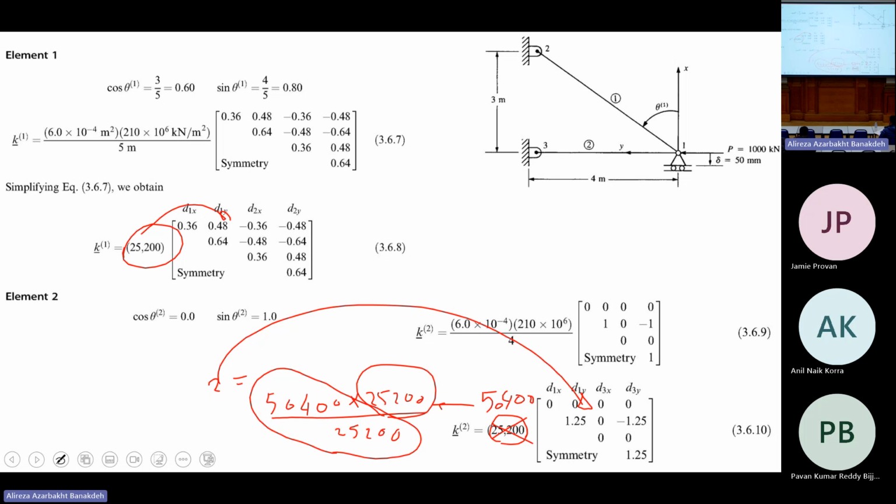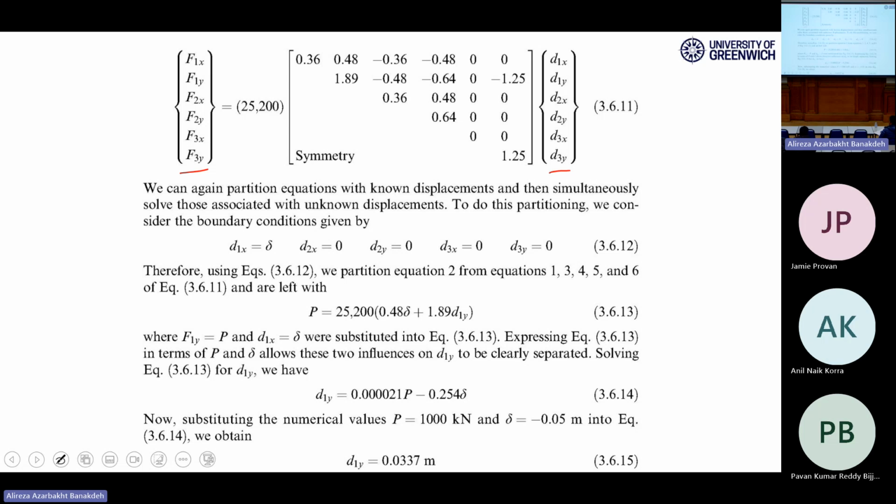The only degree of freedom which is free to move is for node number 1 in y direction, which means delta 1y is unknown, free to move, we don't know what it is. Because of the support, the others are 0.